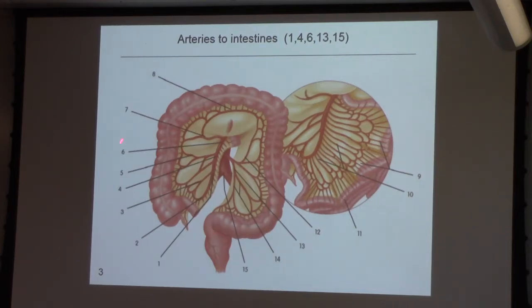The appendix. Okay, the appendix. There's the appendix. And then did you say this last? No, I gave you that already. The anal canal? Okay, the anal canal is down there, yeah, that's true.